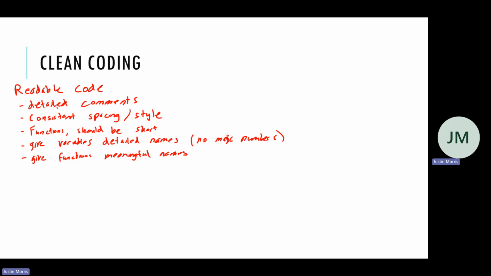You should not have like a 10 somewhere in your code. If it is meaningful, give it a name. Like in our code from before, we would put LED pin, right? We wouldn't just say 17.